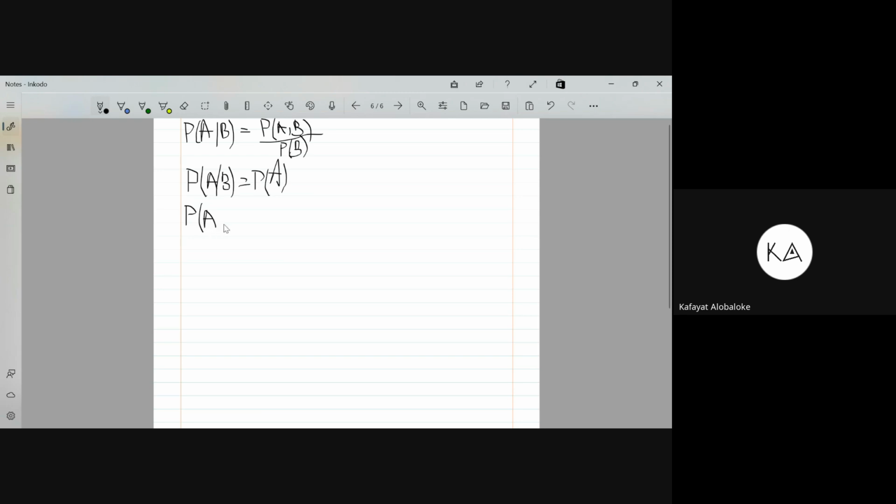That's the probability of A intersection B for independent events.